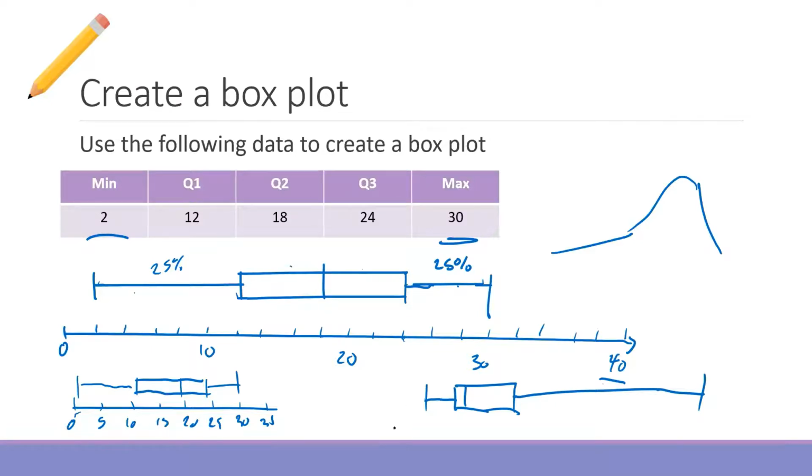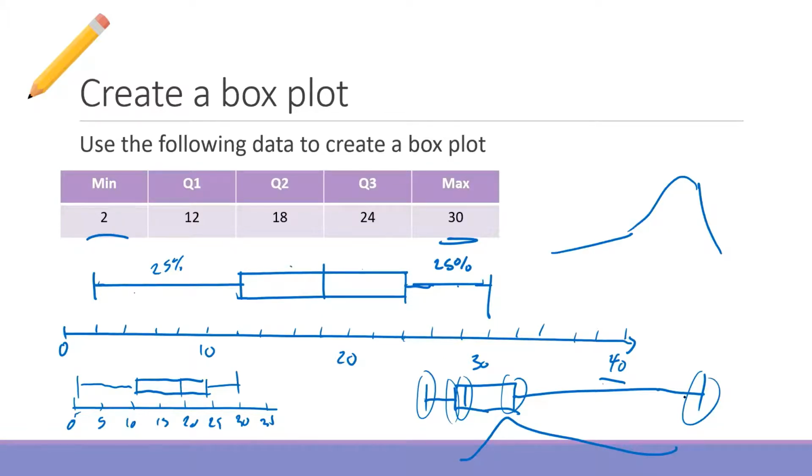I can tell from this graph here that this is positively skewed. And I can tell it's positively skewed because the minimum, lower quartile, and median are very close together, but the upper quartile and maximum are really far away from those 3 numbers.